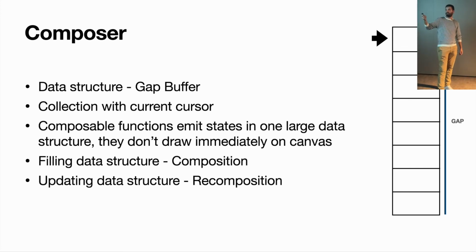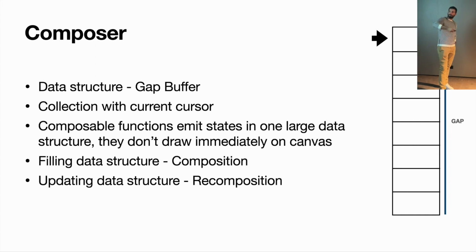So why do we need this? Well, again, I will repeat myself. Composable functions are not classes. They don't extend Canvas, they don't have draw things inside them and stuff like that. So they are basically used for emitting their state to the gap buffer. So the gap buffer is basically used for holding all the state, and it will use that data to then render on the screen.